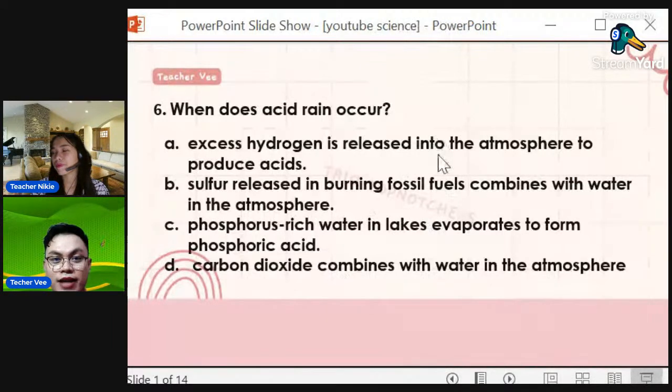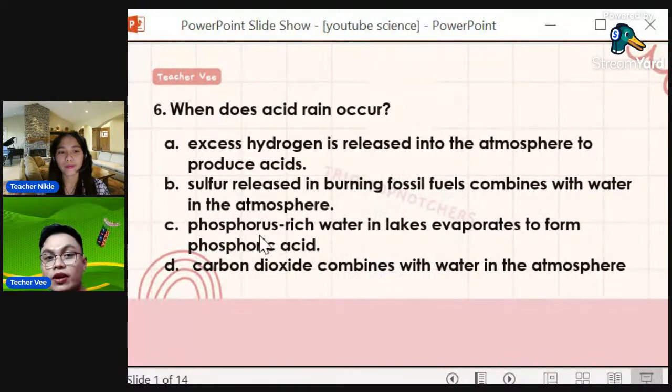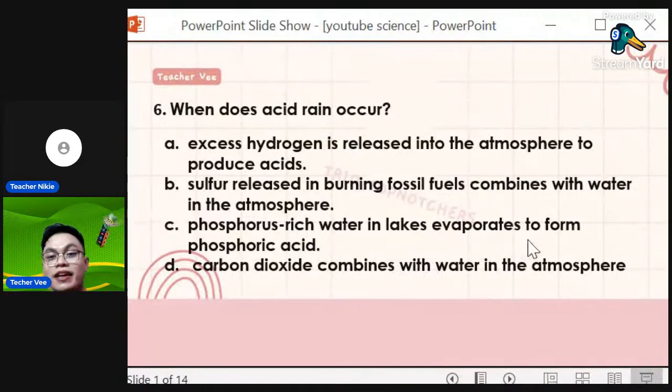Is it A, excess hydrogen is released into the atmosphere to produce acids, or B, sulfur released in burning fossil fuels combines with water in the atmosphere, or letter C, phosphorus-rich water in lakes evaporates to form phosphoric acid, or letter D, carbon dioxide combines with water in the atmosphere. So ano yung sagot ninyo? No? When it comes to acid rain.